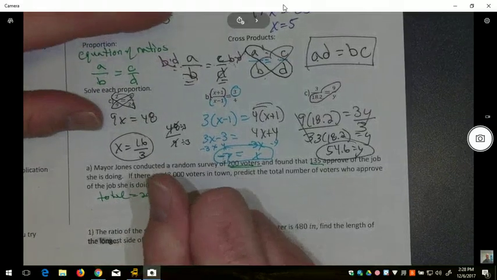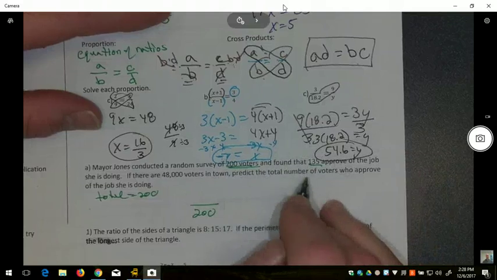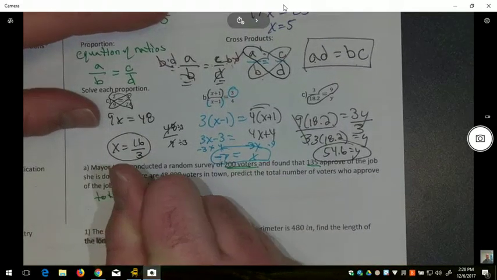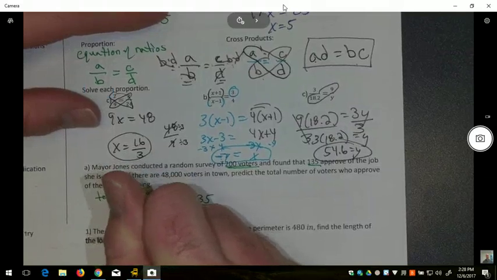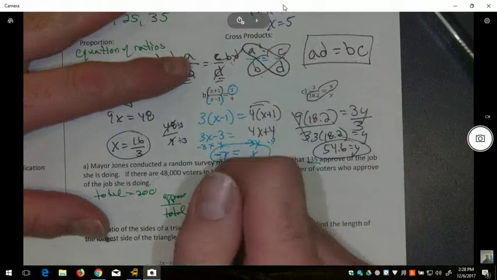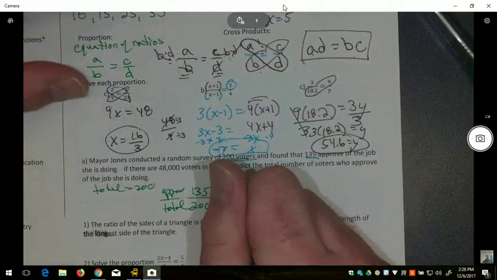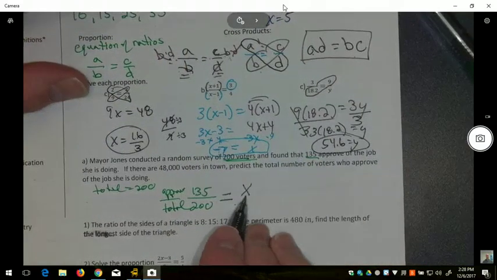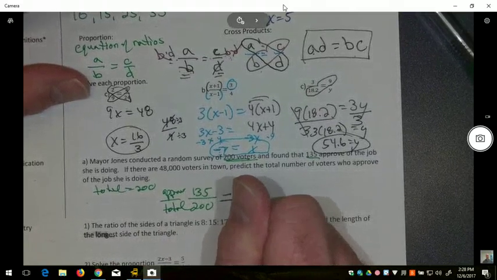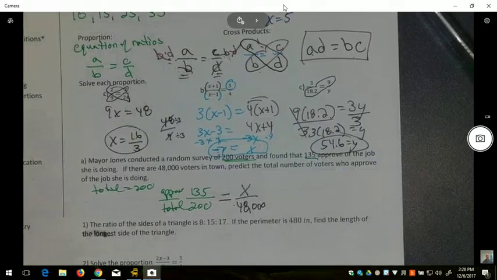So the total was 200, and those who approved were 135. Approved over total is a percentage. However, it's also a ratio. So what we're asked is, how many of her voters that live in the town, out of the total 48,000, approve of the job she is doing?